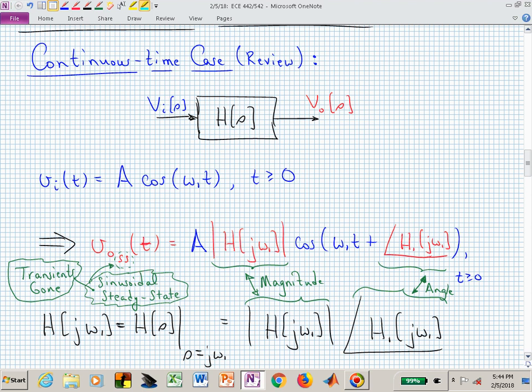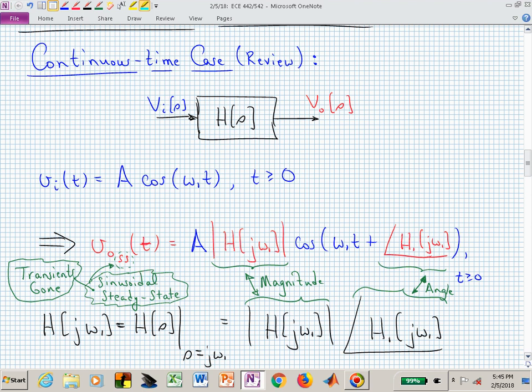So I'm finding the magnitude of H of j omega 1, and that now is how the amplitude of the input gets adjusted at that particular frequency. It will also be shifted in time by the angle of that transfer function. And again, capital H of j omega is just a complex number, and you can find its magnitude and phase. That's the magnitude here in red, and that's the angle in red.